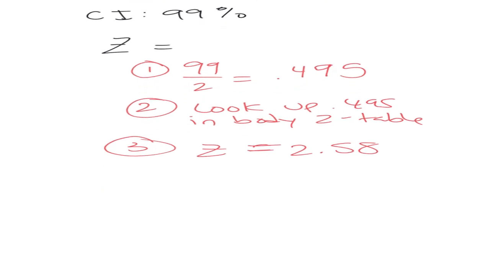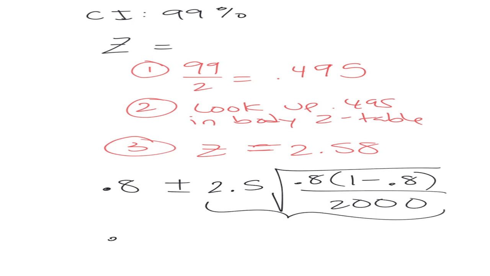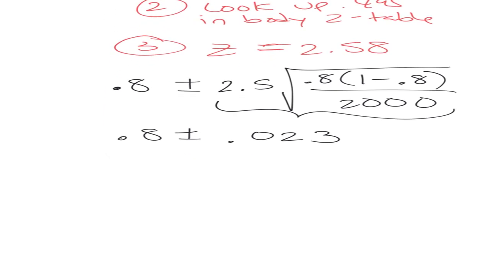So the confidence interval is 0.8 plus or minus 2.58 times the square root of 0.8 times 1 minus 0.8 over 2000. Our margin of error is 0.023. Notice the margin of error is larger than our initial margin of error at 80%. So our lower limit is 0.8 minus 0.023, which is 0.777, and the upper is 0.823.